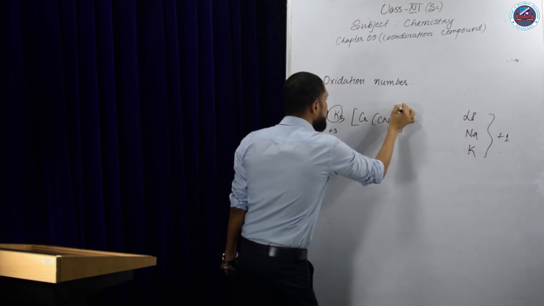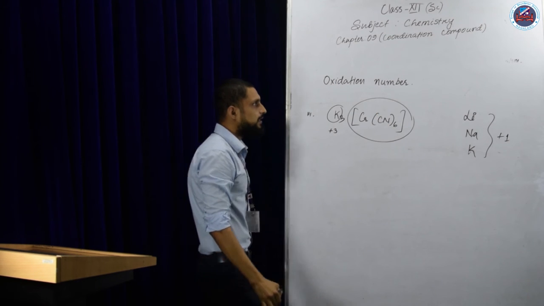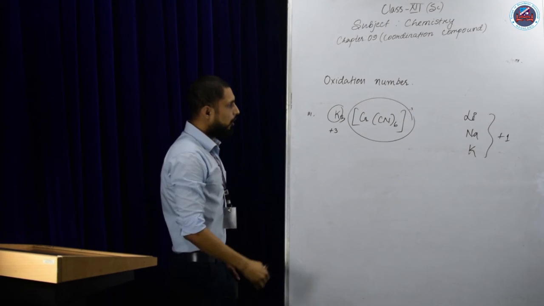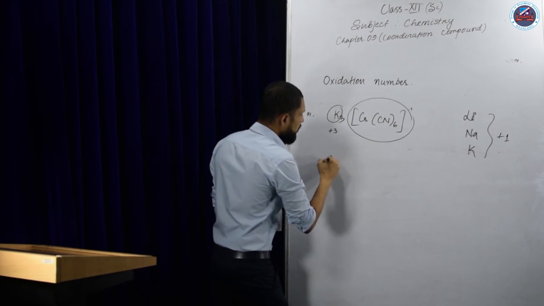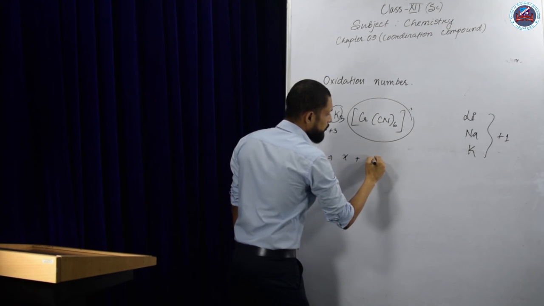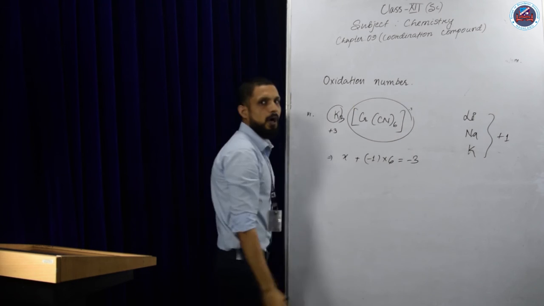So the charge carried by the coordination entity or complex ion is -3. Now let us calculate the oxidation number. Chromium, let it be X, plus CN, charge -1 multiplied by 6, equal to -3.